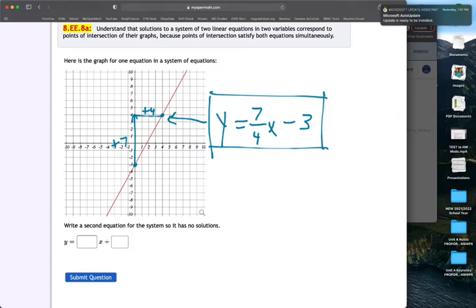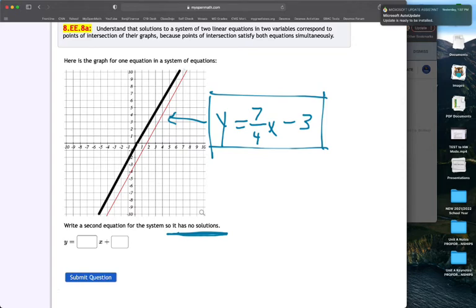Now we're supposed to write a second equation in this system so that we have no solutions. Remember that when we have a graphed system that has no solutions, we end up with parallel lines. I quickly sketched that, but let's pretend I got a little more accurate there. Let me take that off and try this again. That's a little bit better.